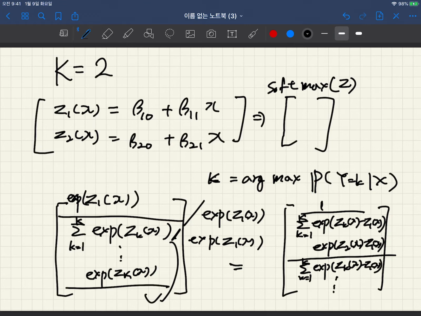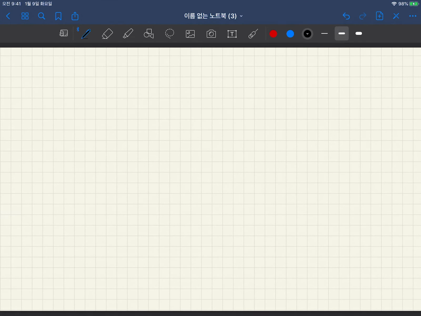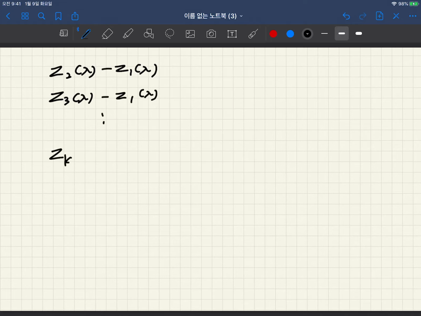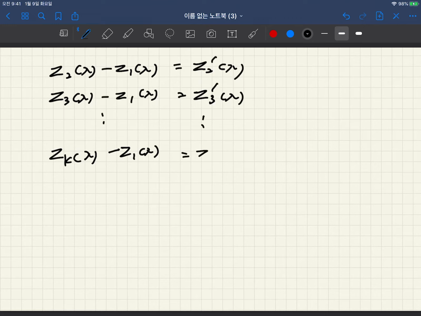So here, to define the vector, we just need the g2(x) minus g1(x) value, g3(x) minus g1(x) value, up to gK(x) minus g1(x) value. So let's say this is equal to g2 prime x, this is equal to g3 prime x, this is equal to gK prime x.